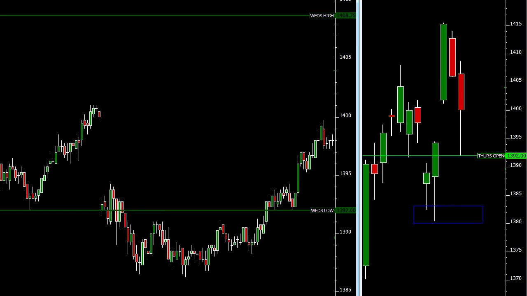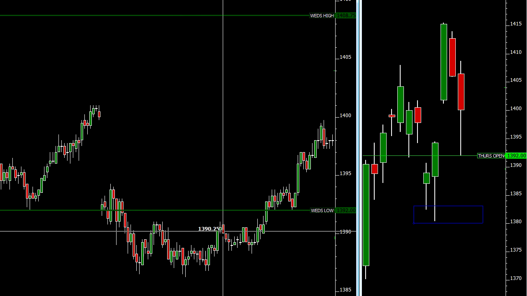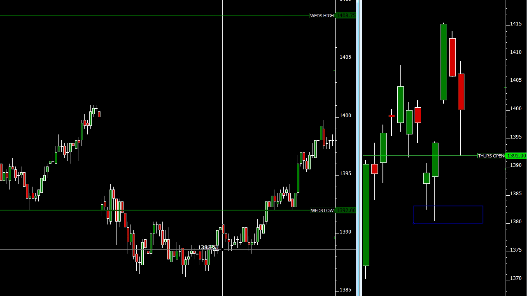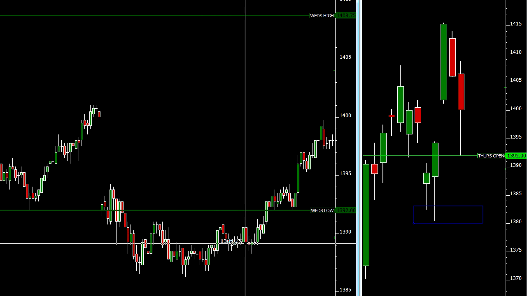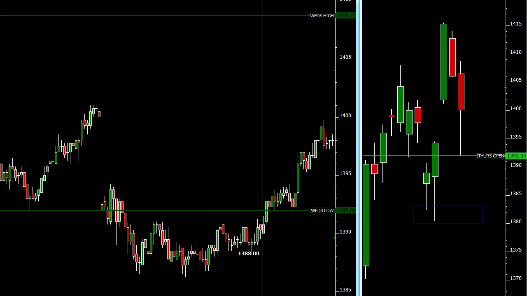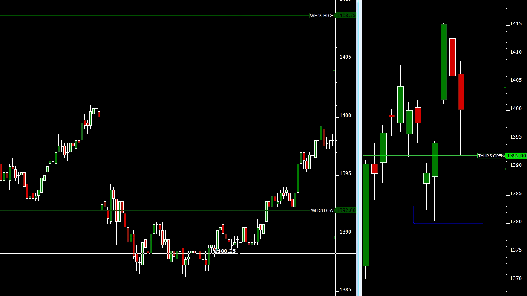But you can see, had you spotted that early, around here, you see the move back up, you would have been either getting out around here, or you would have been getting out on this retest that it just couldn't sell off any further.